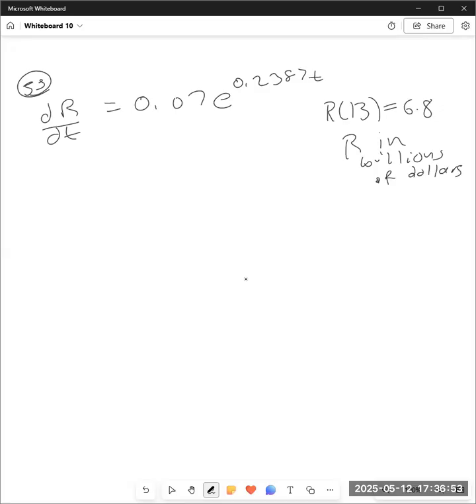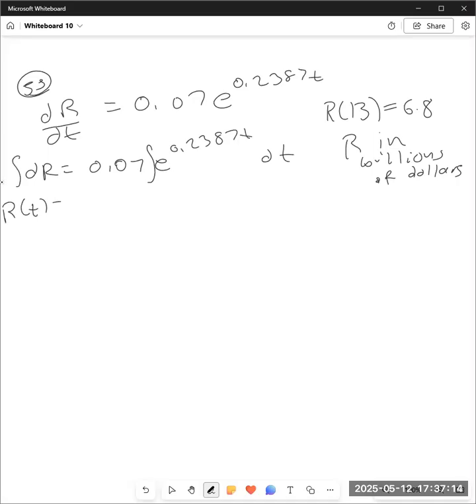That'll be important when we label our answer at the end. Okay, so separate your variables. dR is equal to 0.07 e to the 0.2387t dt. Integrate both sides.